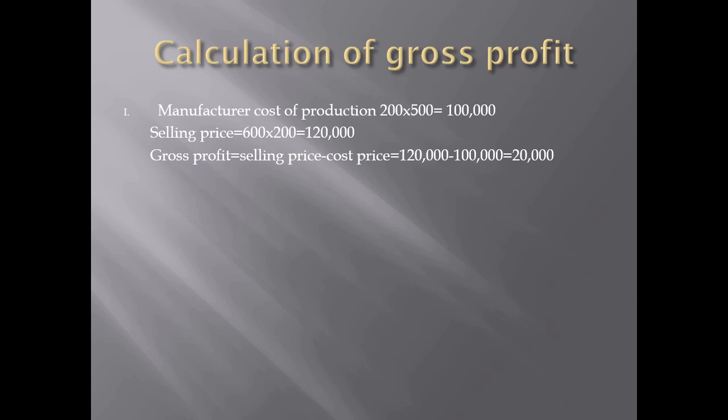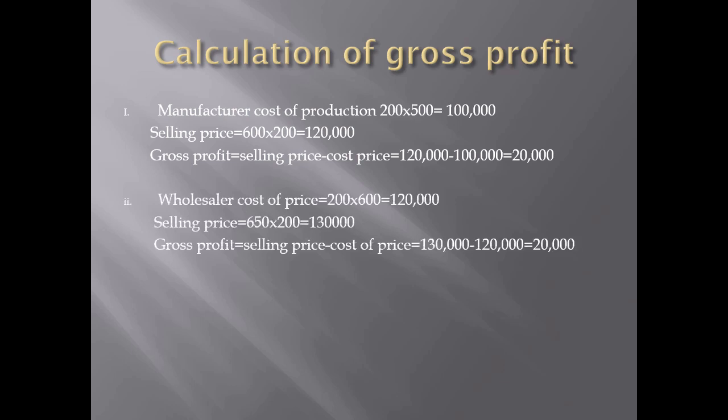Remember, the selling price is 120,000 naira, then the cost price is 100,000 naira. So when you subtract 100,000 from 120,000, you'll be left with 20,000 naira. And that is the gross profit of the manufacturer.